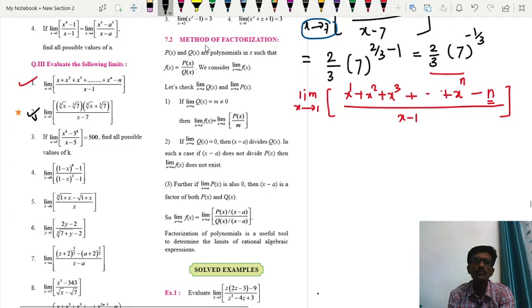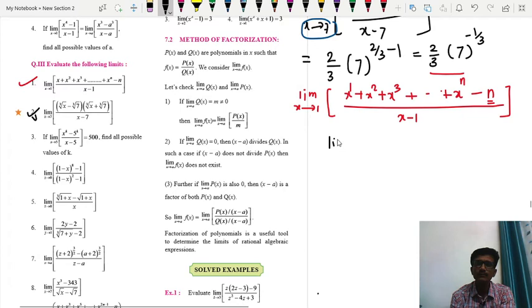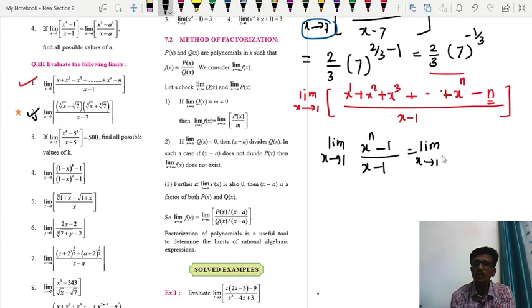So before starting this limit, let's do this. Limit x tends to 1, listen here, x raised to power n minus 1 upon x minus 1. This we can write as limit x tends to 1, x raised to power n minus 1 raised to power n upon x minus 1, and this will be equal to n into 1 raised to power n minus 1.